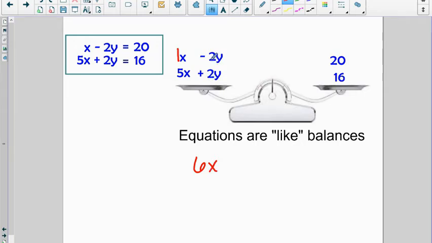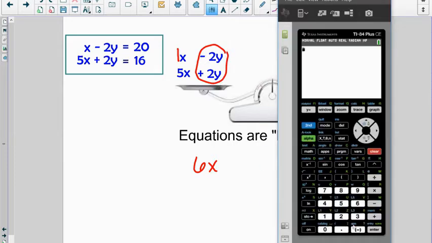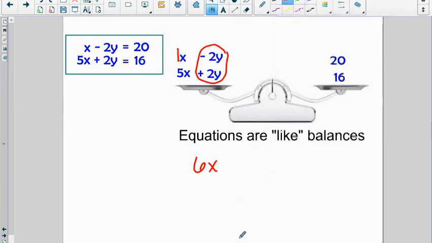And then when I combine my y's, here, -2 plus 2 is 0, because remember, anytime you add opposite values, like -2 and +2, it's always going to add up to 0. So we have 0y. And then our equals is like the middle of the balance. On the other side, we just add together the constant terms, 20 and 16, to get 36.